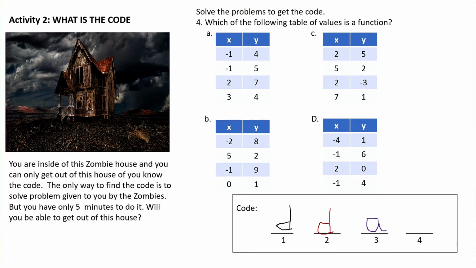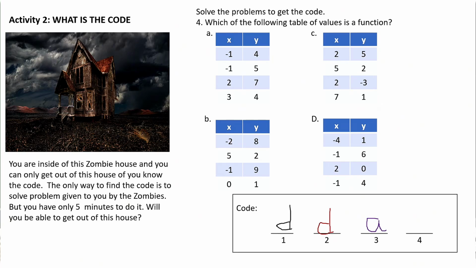Problem number 4. Which of the following tables of values is a function? Again and again, let us take a look at the x values if we are looking for a function or not a function. The x values must not be repeated to have a function. If it is repeated, then that is not a function.